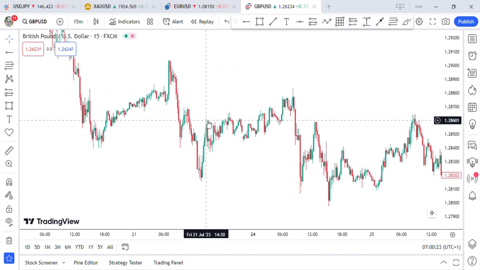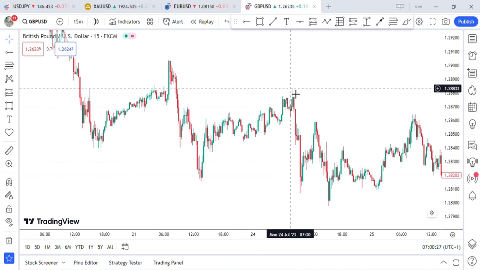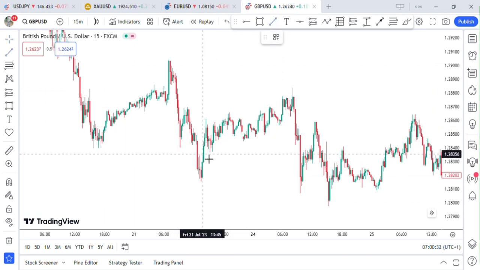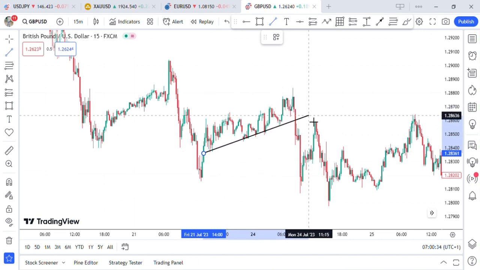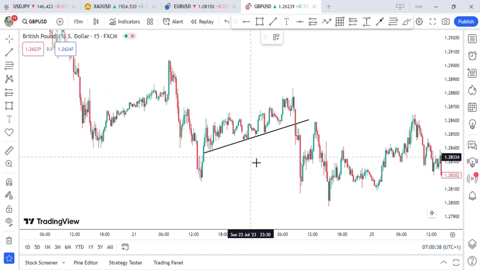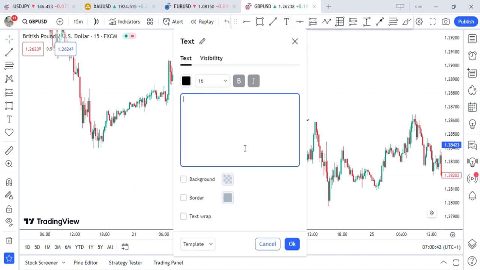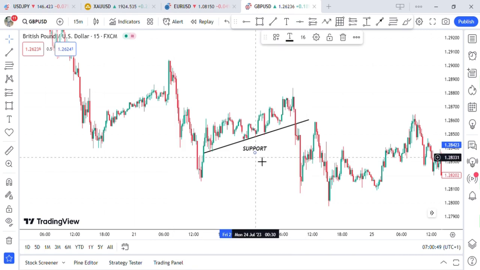What most traders teach on the YouTube channel is, every single time you see this setup in the price, they'll call this level a resistance line. Sorry, I mean a support line. So they'll call it support.